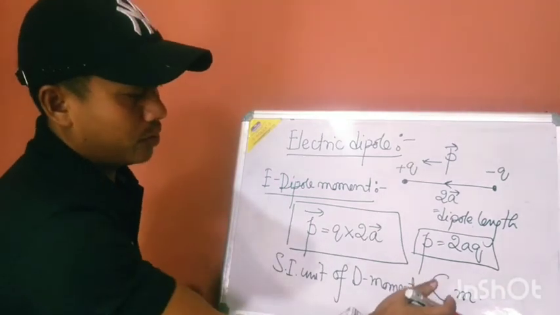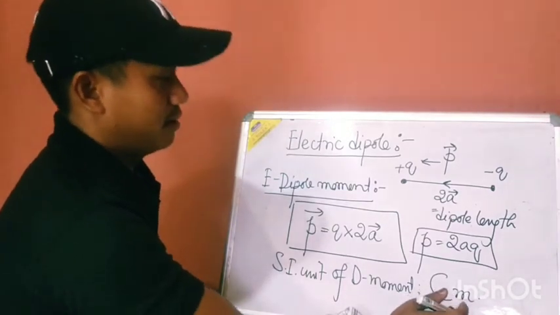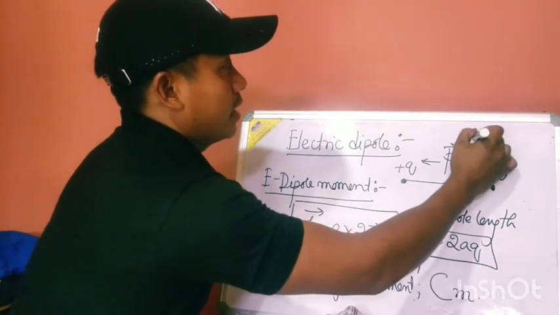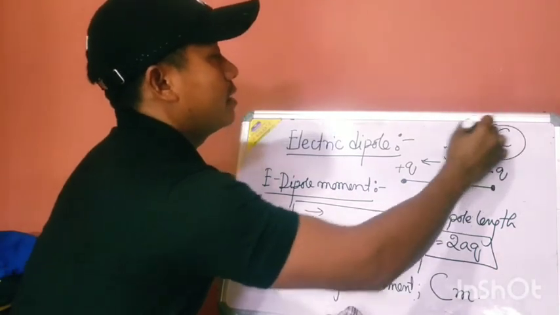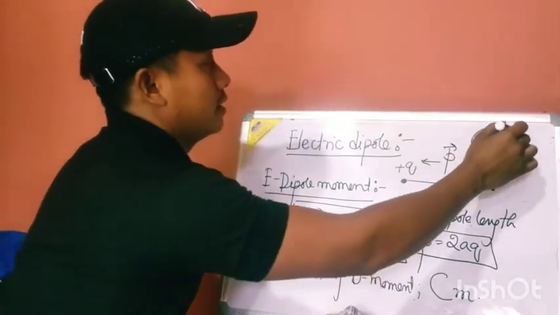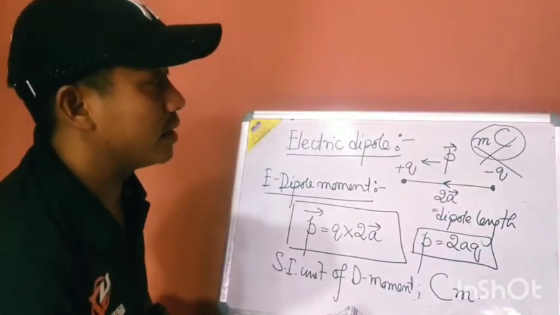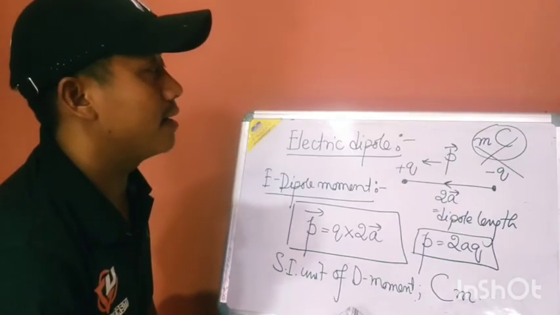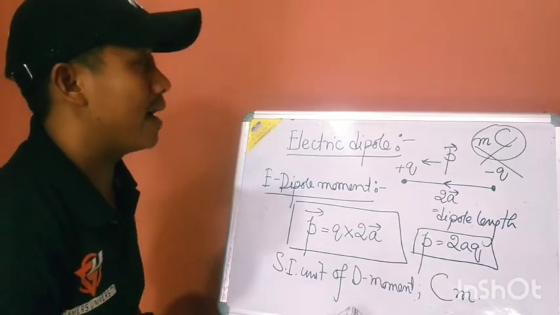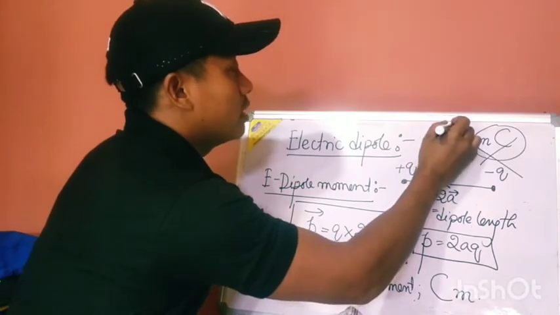C should be written in capital, m should be written in small. You cannot write it as mC, because mC signifies millicoulomb, which is not equal to coulomb meter. Milli means 10 power minus 3 coulomb.